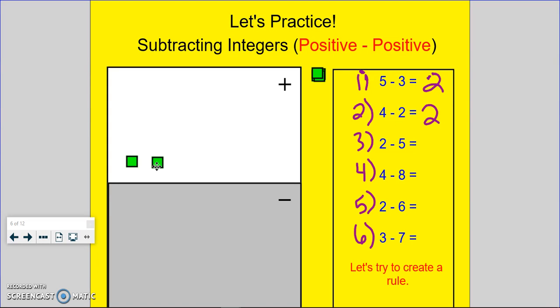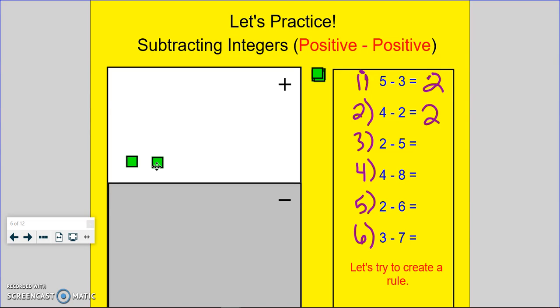Again, if I were to put 5 cubes on the negative side, I would end up getting the same answer, but that would not be modeling subtraction. You'd be modeling the addition of a negative number. So to model subtraction when I don't have what I need, we have to go back to those 0 pairs that we did at the very beginning of this unit.